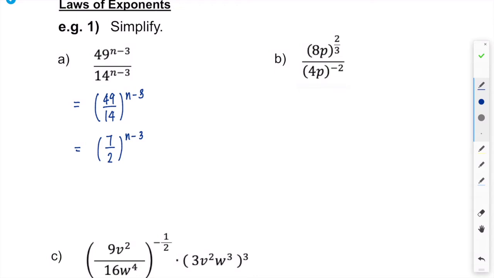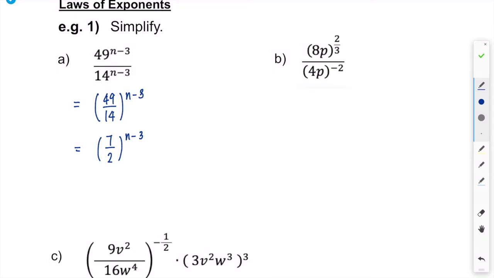This is just rewriting or simplifying this particular expression. Question B. We see a couple of friends here. We have a rational exponent, 2/3, in the numerator with a base of 8p, and a negative exponent, -2, in the denominator. My habit to simplify exponents or like powers would be to get rid of all the negative exponents as soon as I can, unless there's an easier way to simplify the expression.